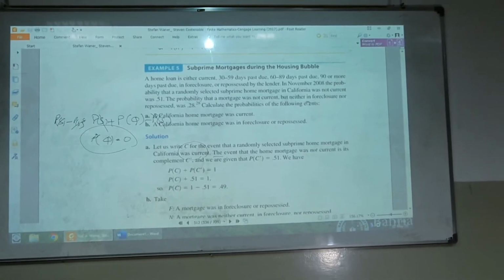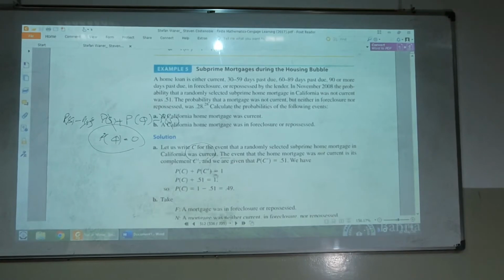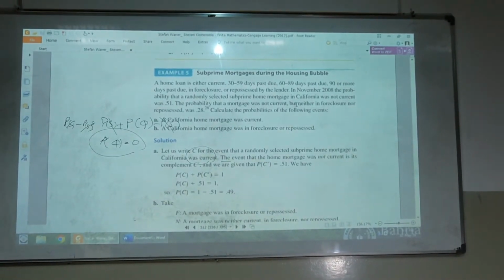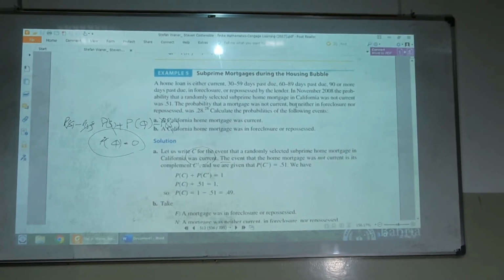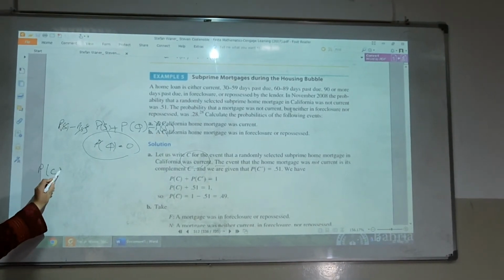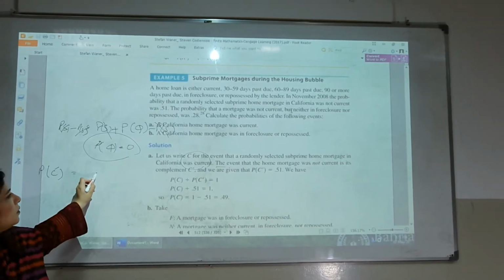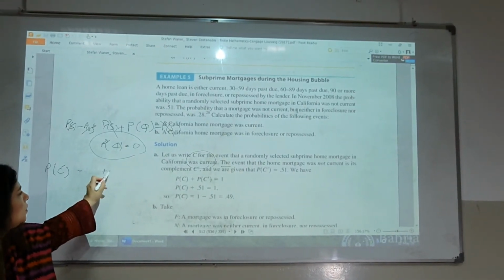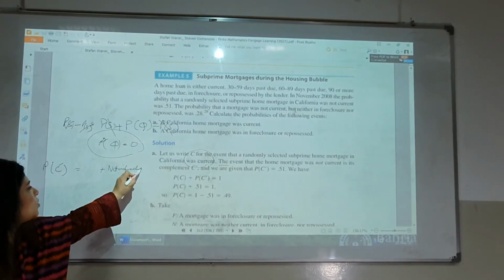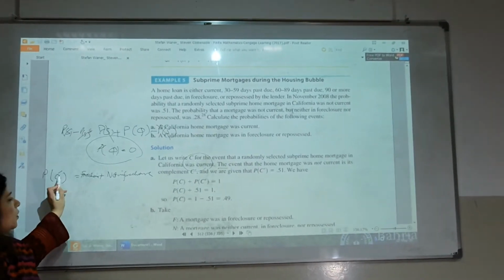Now the probability that a mortgage was not current, which is the complement in this case, but neither in foreclosure nor repossessed, was 0.28. So that means that there has to be something which is in foreclosure, but it could be non-current.